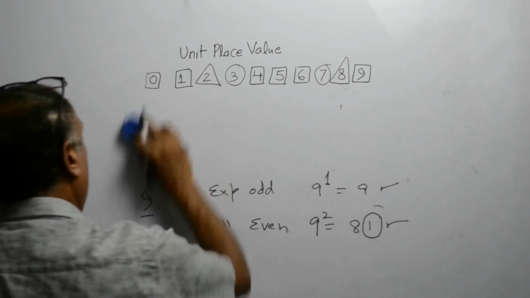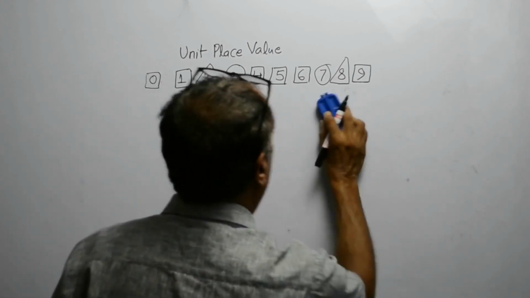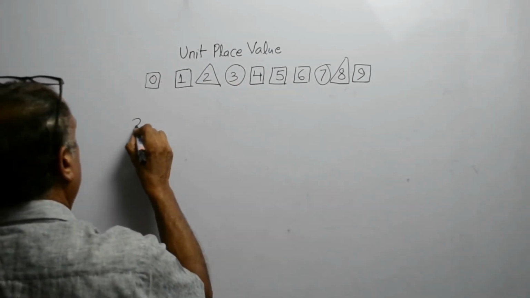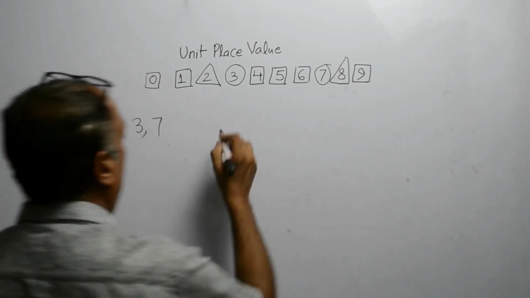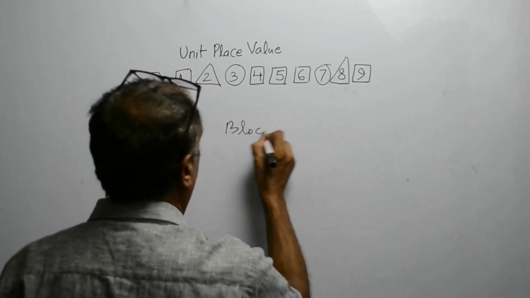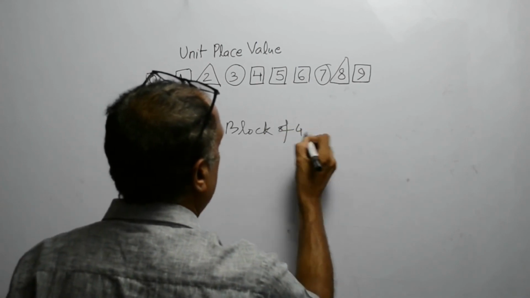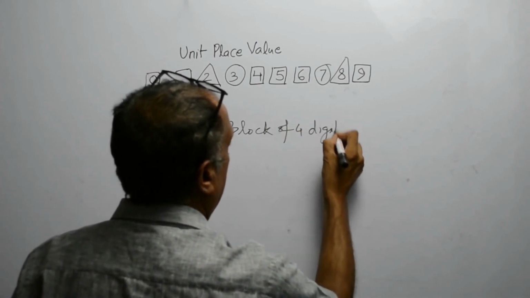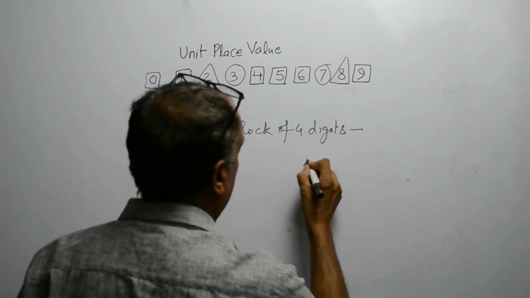Now we come to 3 and 7. So block of 4 digits, that will give us 1.